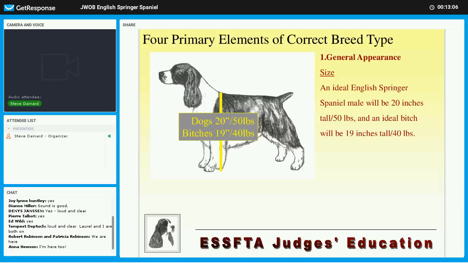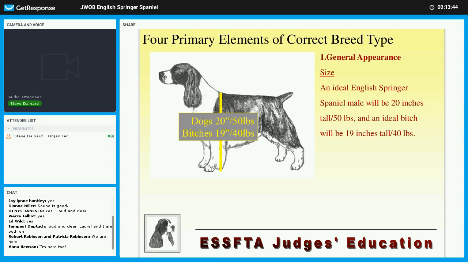So when you have a male that is 19 compared to a male that is 21, regularly that can be quite shocking as far as overall difference is concerned. Both are acceptable, but just remember that a 20-inch dog is more ideal. There is no disqualification as far as height is concerned. These are recommended ideals. And similarly, if you get an English Springer Spaniel female that is 18 inches and you compare her to a bitch that's 20, or even more so a male that's 21, the size difference can really be shocking.